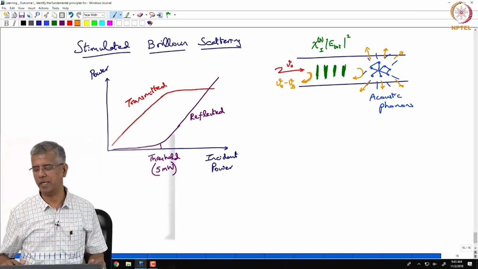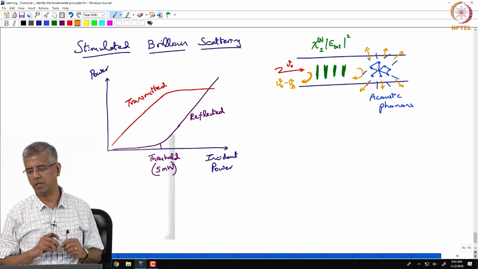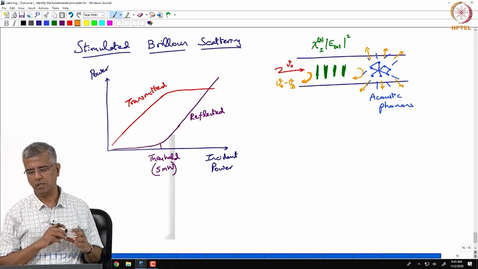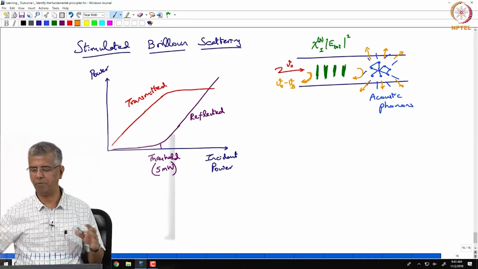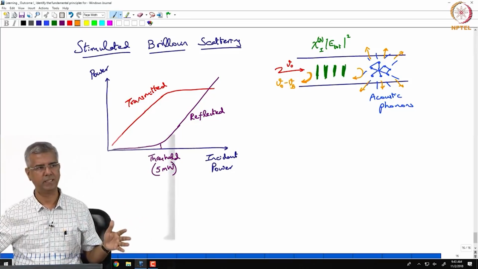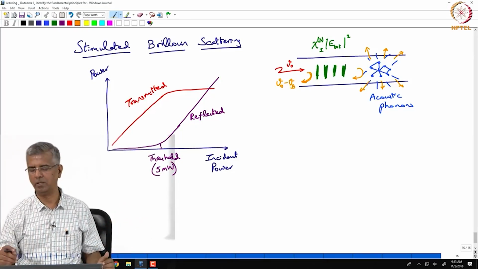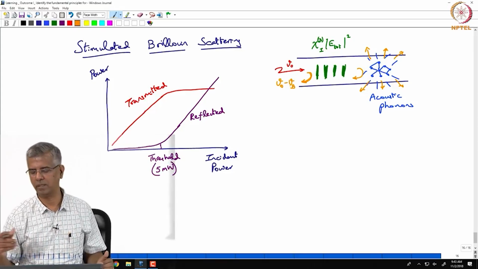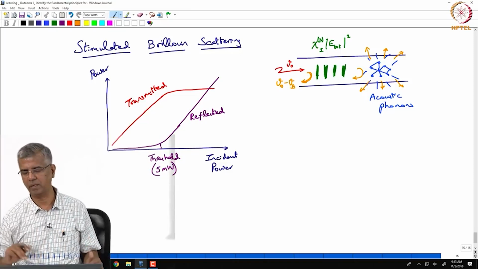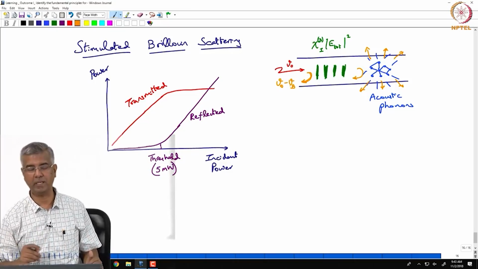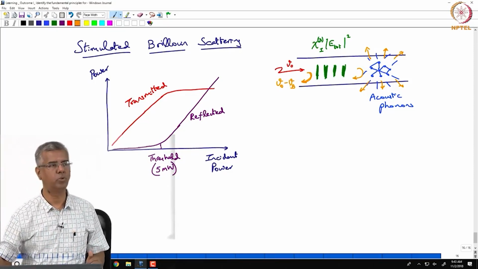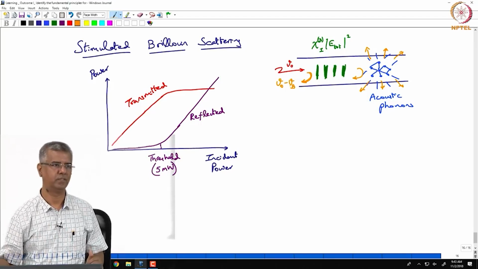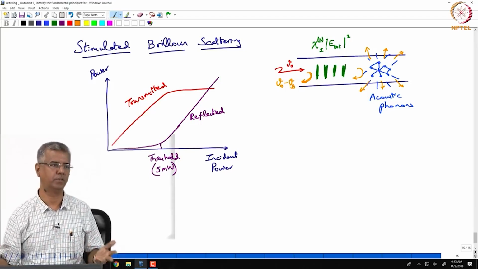Well, you can say that since your light wave is propagating from left to right, right, your sound waves are also going in that direction, but they cannot move at the speed of light. They can move only at the speed of sound.